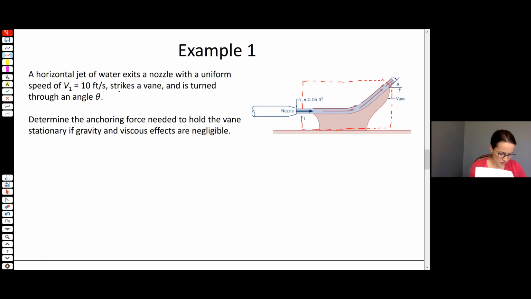All right, let's draw in some forces. So we'll draw in those anchoring forces that we're asked to solve for here. We'll call them FAX and FAY. We've got V1 here. We've got some V2 here.